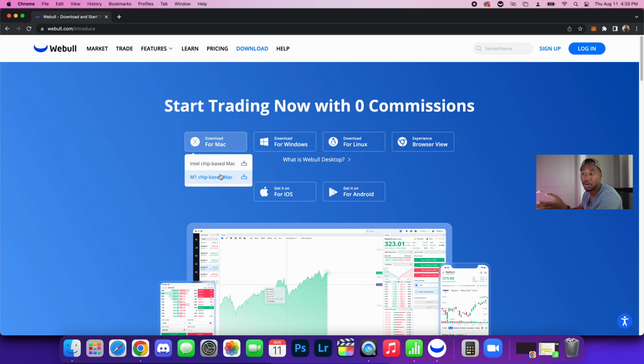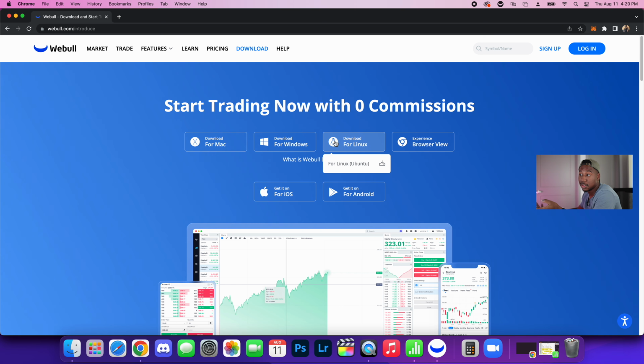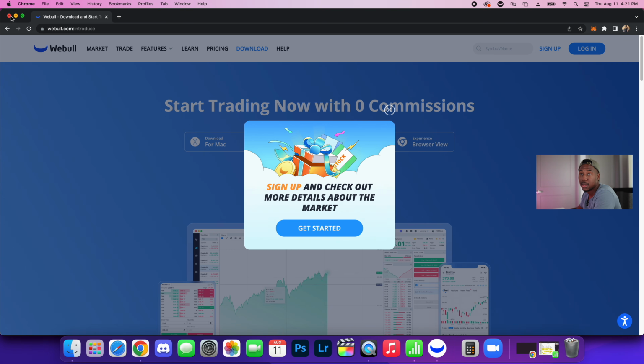The newer ones are all M1, or they have the M2s now. And then there's Windows, and then there's Linux, and I think this browser view is new. If I wanted, I think I could do that too. But with that being said, I would click here and I would do the M1 based Mac.